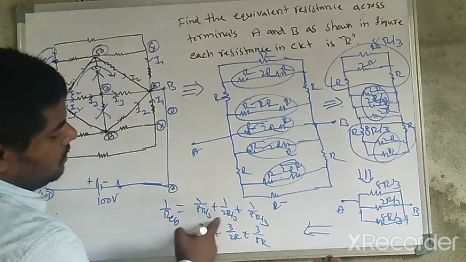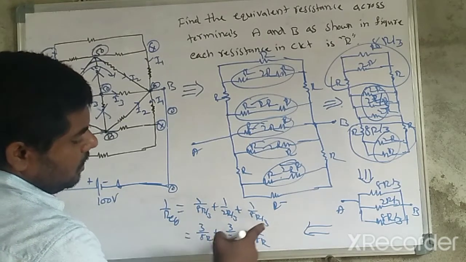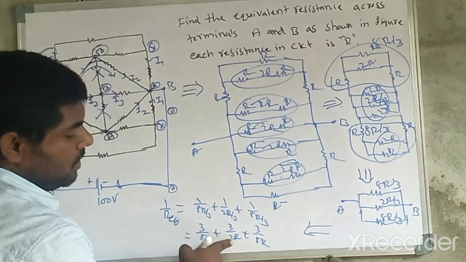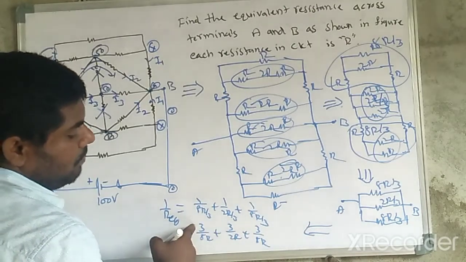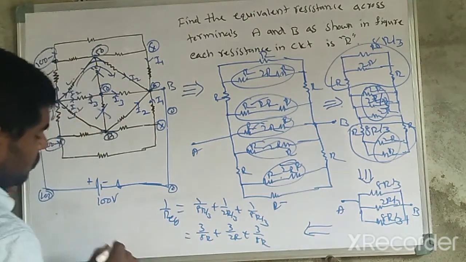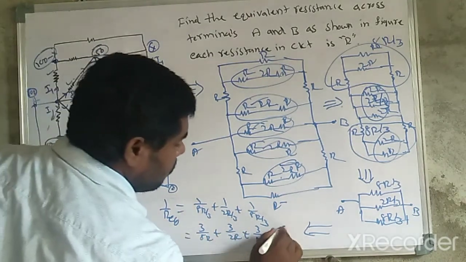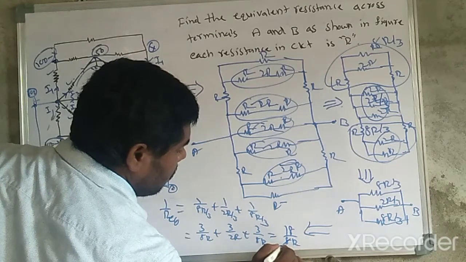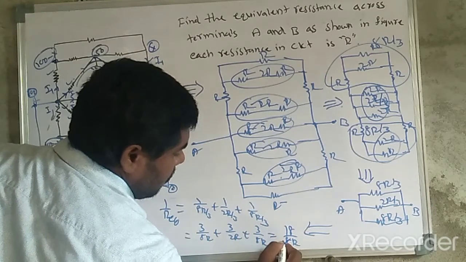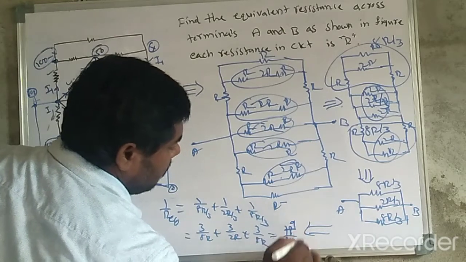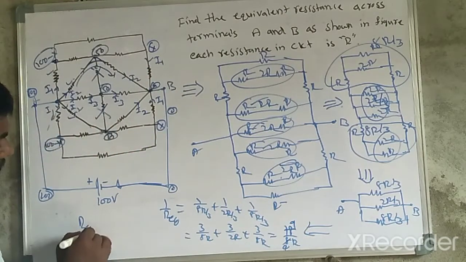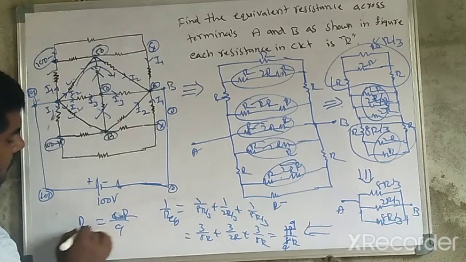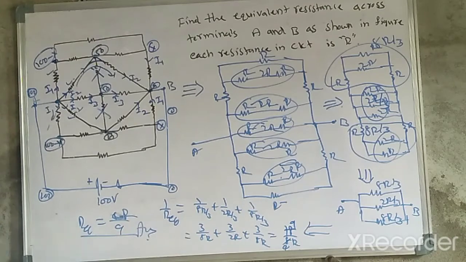So here 3 plus 12 plus 3, that is 18, over 8R. So 1 by R equivalent is 18 divided by 8R, and 2 fours are 8, 2 nines are 18. So here R equivalent is equal to 4R by 9. This is the answer to the question.